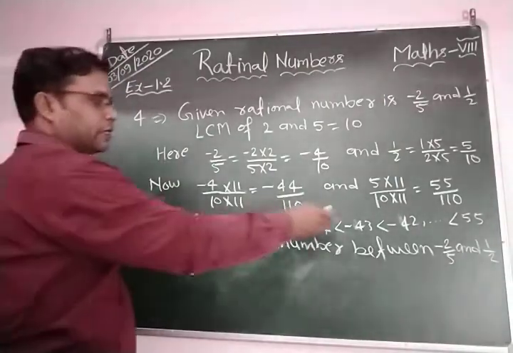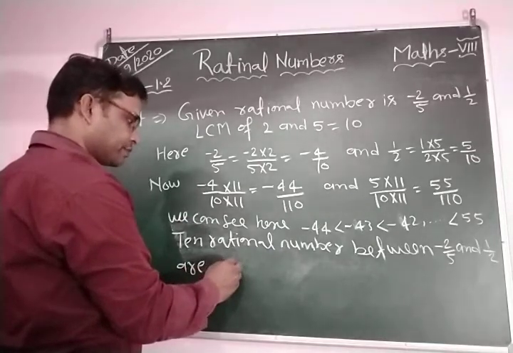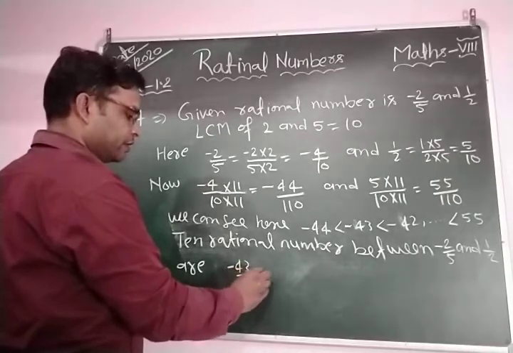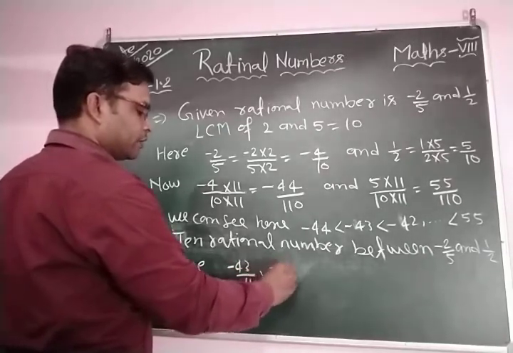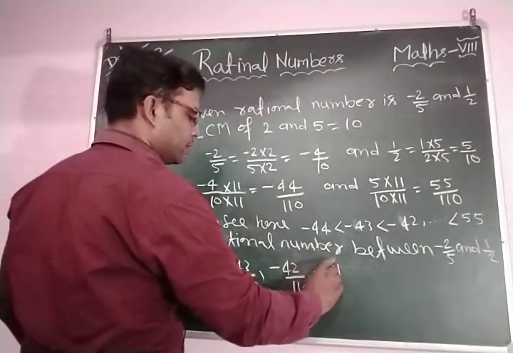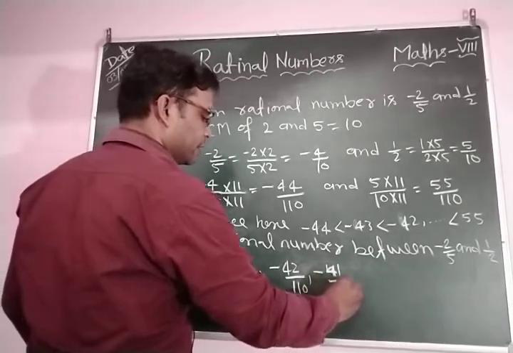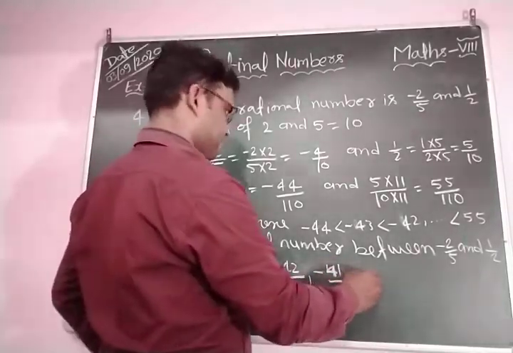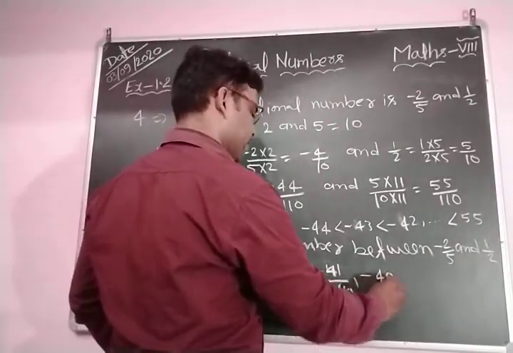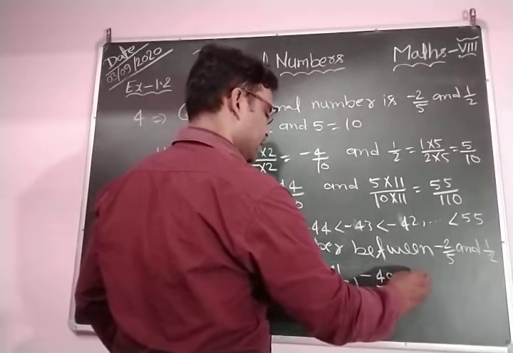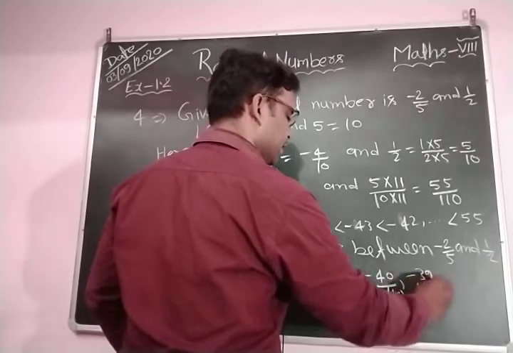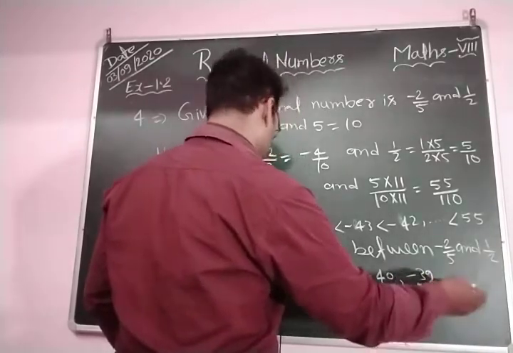we take any number between them. You can write here minus 43 by 110, minus 42 by 110, minus 41 by 110, minus 40 by 110, and you can write here minus 39 by 110, and so on.